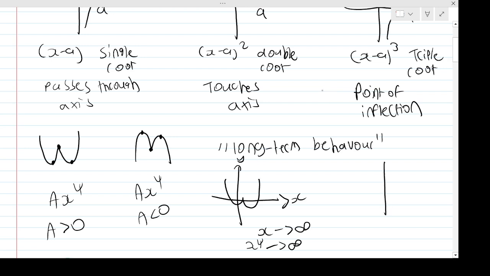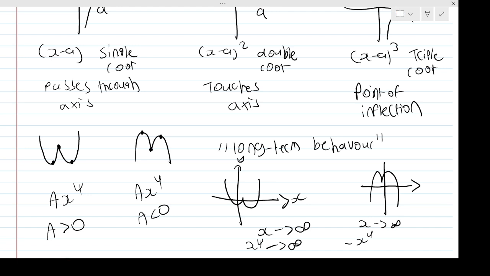On the flip side, if you have the negative version, which looks like this, remember here, as we just discussed, when x goes to infinity, in this case, if we continue down here, actually it's going to be minus x to the 4 because it's the negative, right? It's going to be a negative amount of x to the 4, okay? Now, x to the 4, as we discussed, is going to infinity.